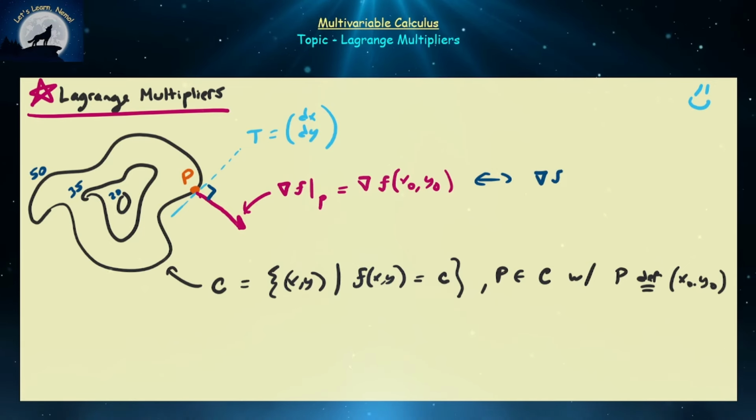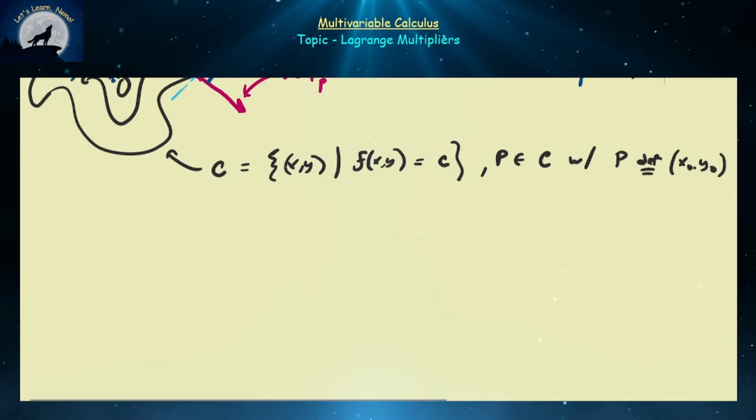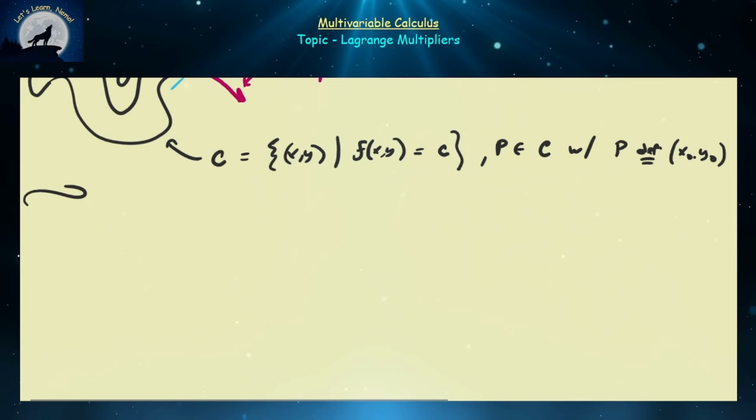That is, the gradient of f at P, dot product with the tangent vector at P, is always going to be equal to 0. And we know that it's going to be pointing outwards because it always points in the direction of the greatest rate of change. If it were to point the other way, that would point down the valley instead of outside of it. Those are some of the things that we have up to this point.